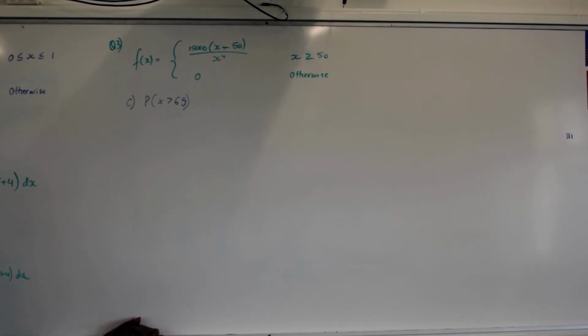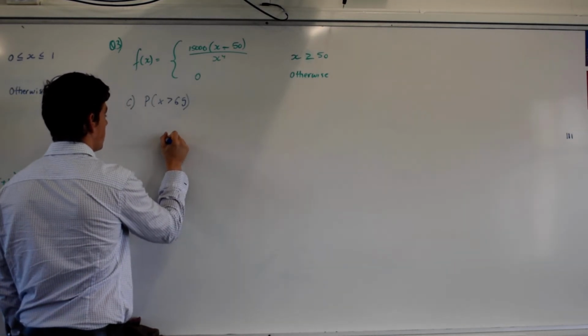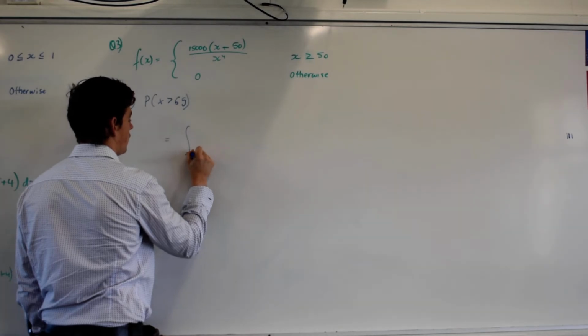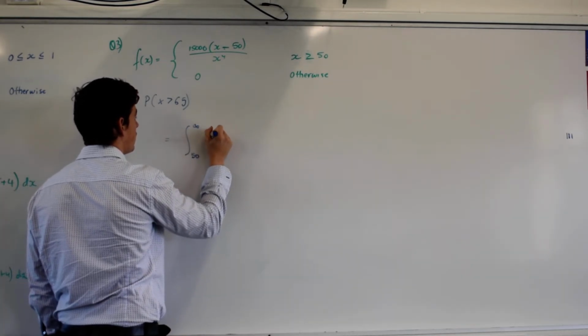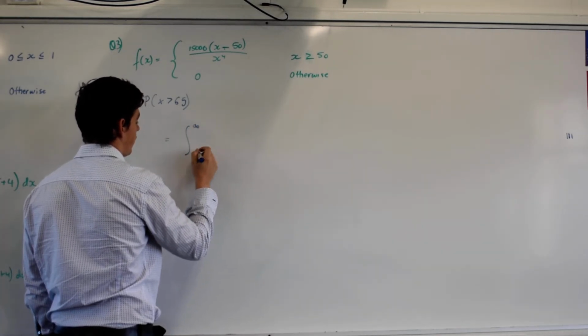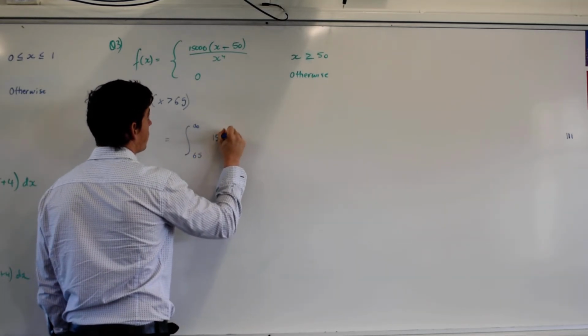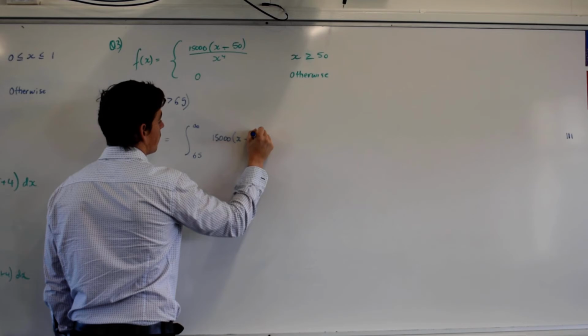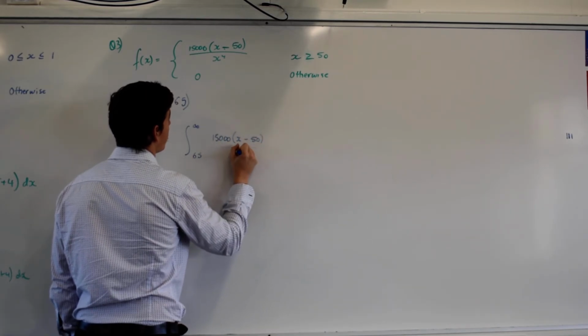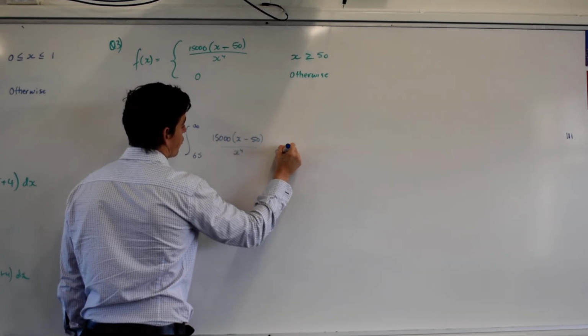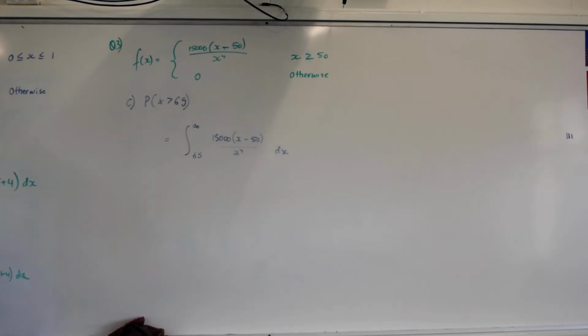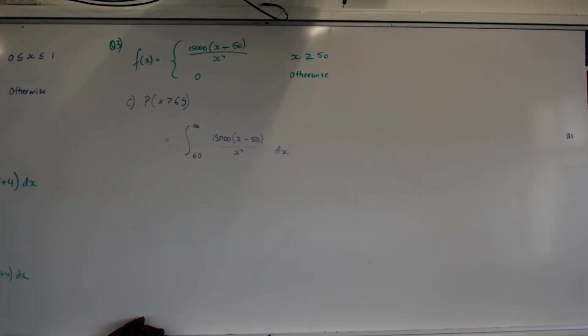Happy with that? We can do that in one of 2 ways. 50 to infinity, sorry, not 50 to infinity. 65 to infinity, we could shove our value in. Why don't we try and do that in a calculator? Wait, how do you put that in your calculator? Very good, thank you.